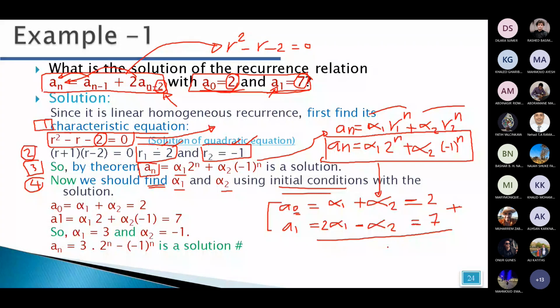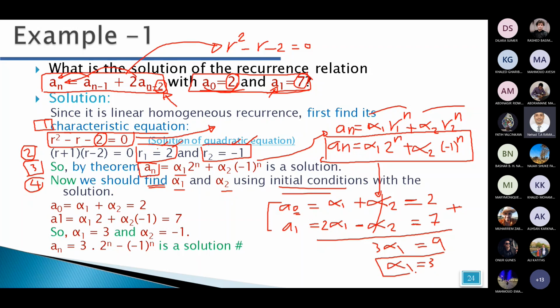So 2 plus 7 is 9. Alpha 2 minus alpha 2 cancel. Alpha 1 and 2 alpha 1 is 3 alpha 1. So alpha 1 equals 3.